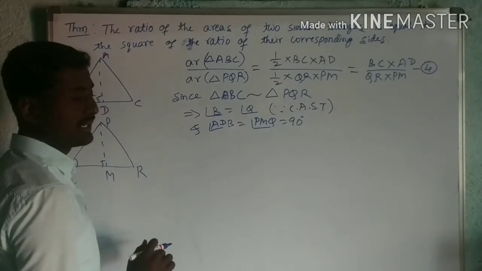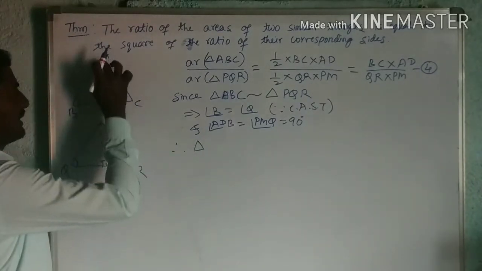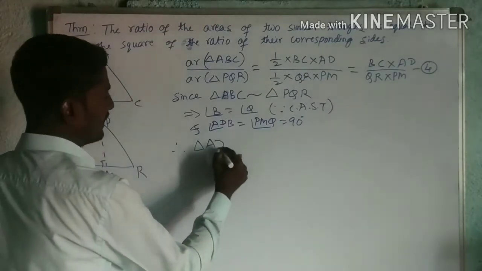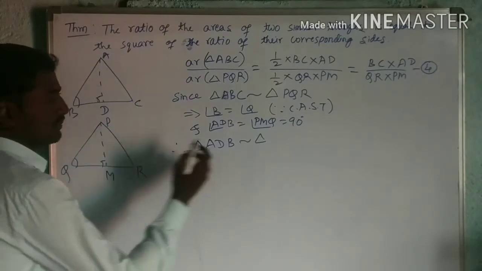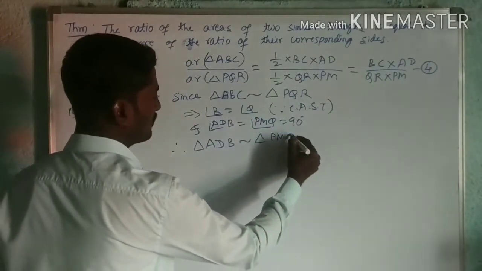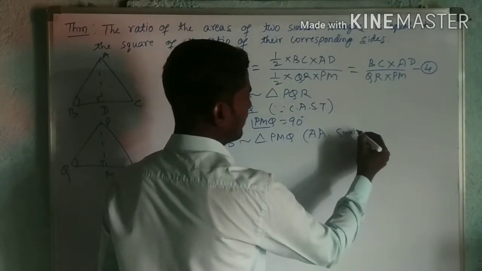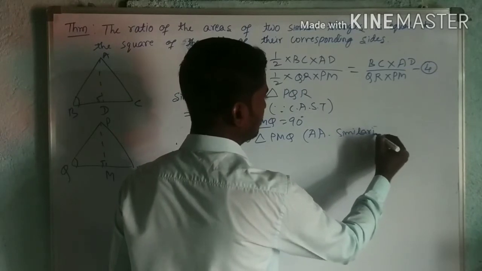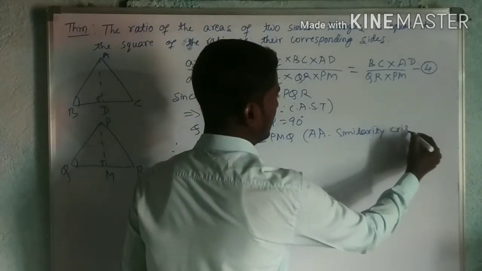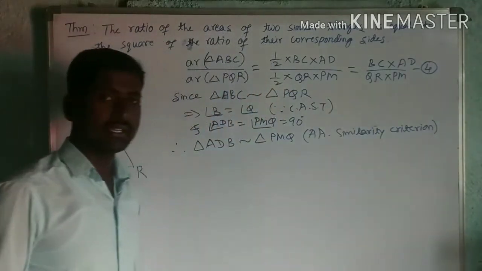By using the similarity criterion, I can write: therefore, triangle ADB is similar to triangle PMQ, because of the AA similarity criterion.